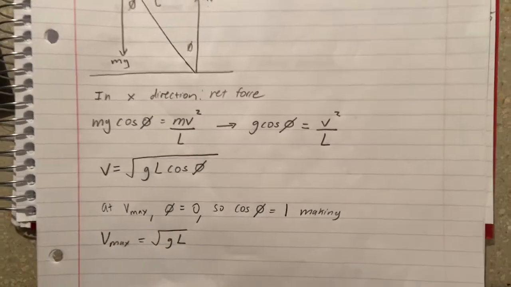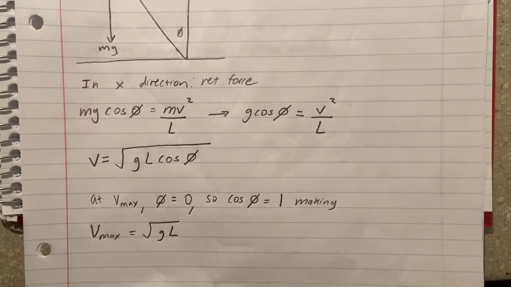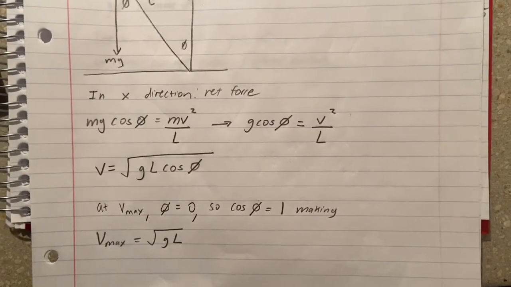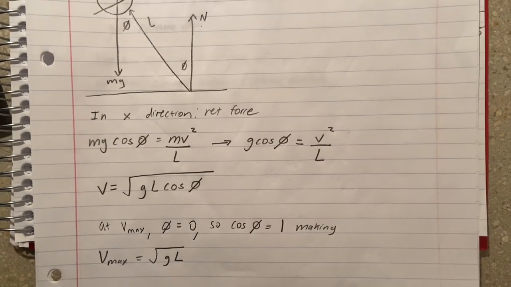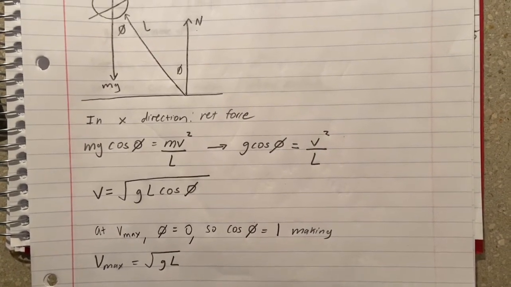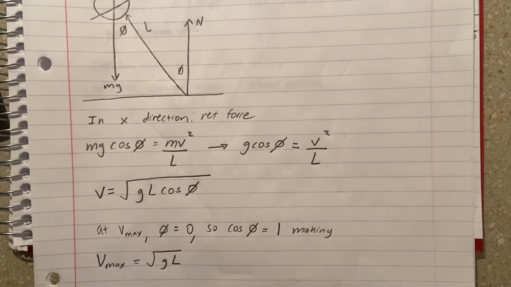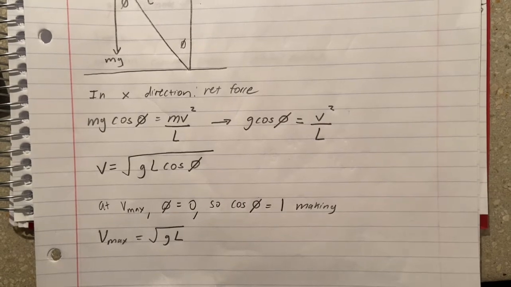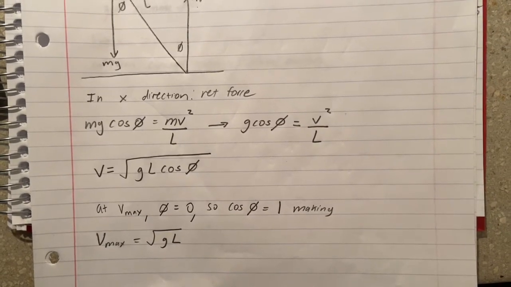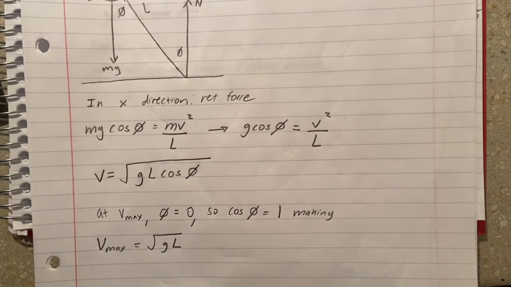And now, since we're trying to find the max velocity, it's important to note that theta is going to equal 0 when velocity is at its max. So cosine of 0 is 1, so that simplifies to the maximum velocity being equal to the square root of gravity times the length.